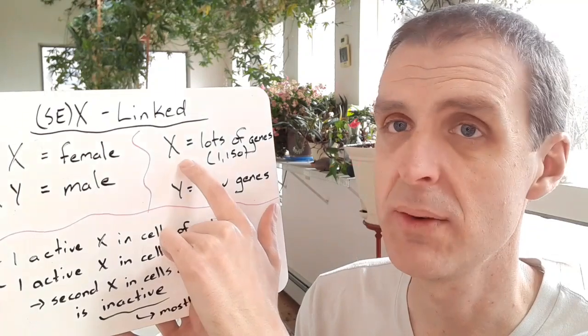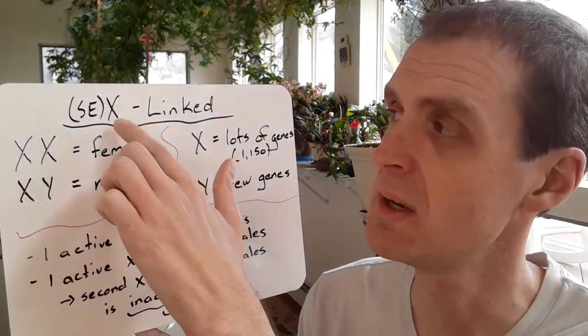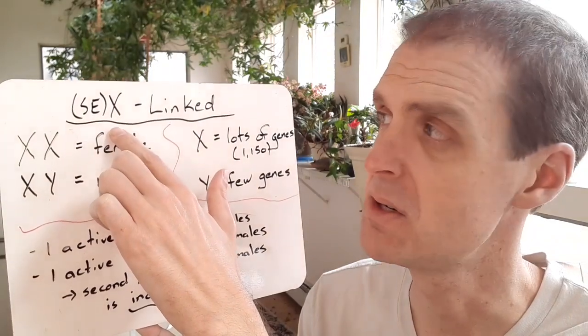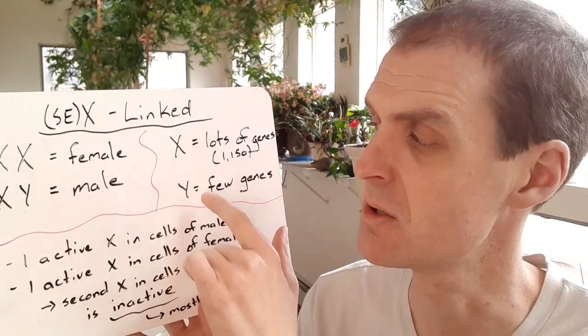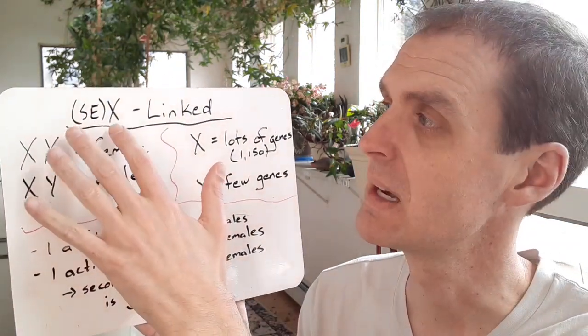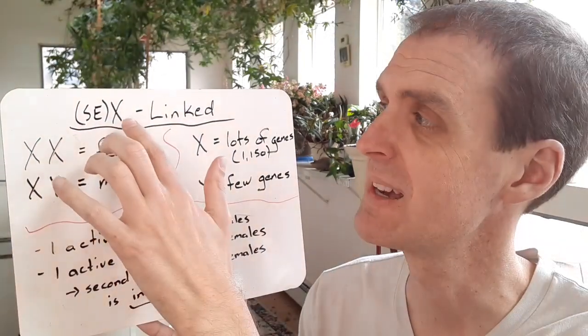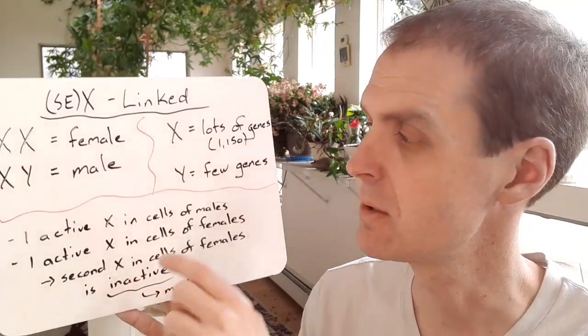And so if we're talking about sex-linked genes, almost always you're talking about X-linked genes, because there are just more genes to deal with on an X chromosome than on the Y chromosome. Sex-linked is kind of a broad definition. X-linked means we're dealing with these genes here on the X chromosome.